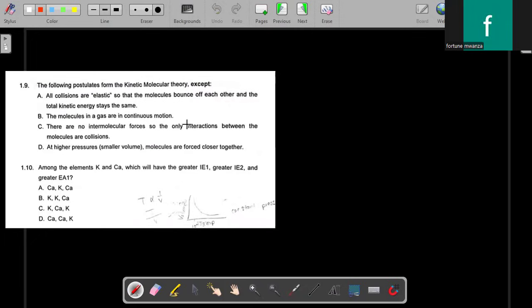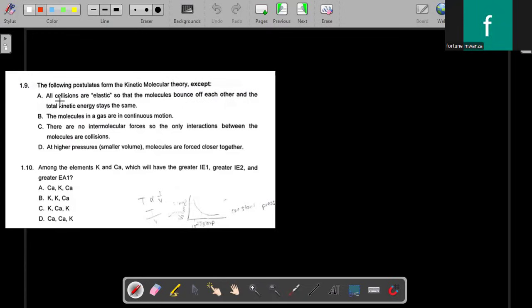So you can go to question number 9, which says the following postulates form the kinetic molecular theory, except. So which one does not form the kinetic molecular theory? Let's start with the first one.